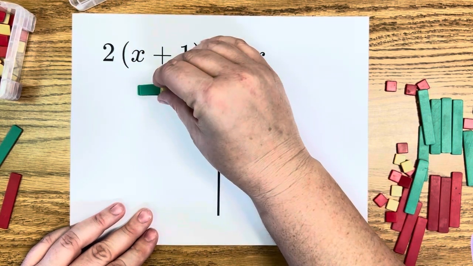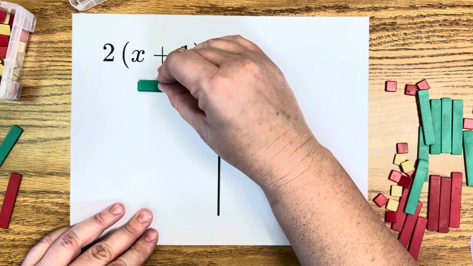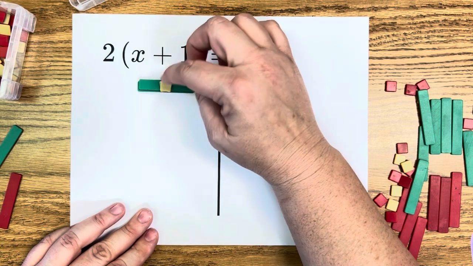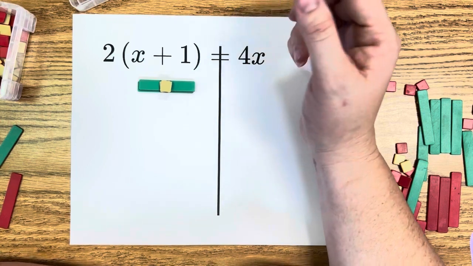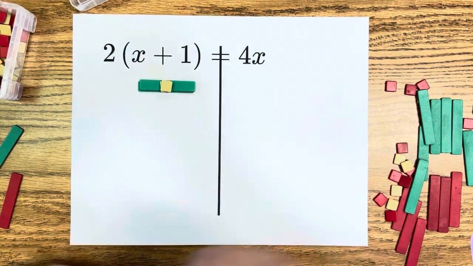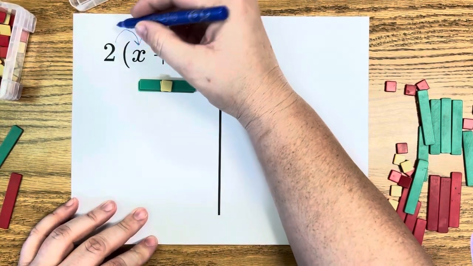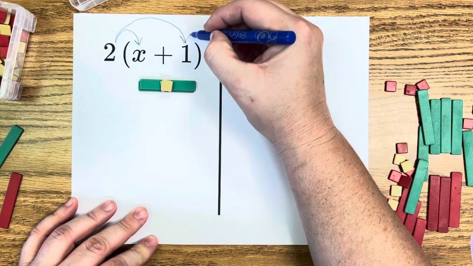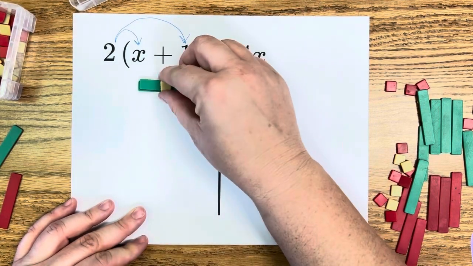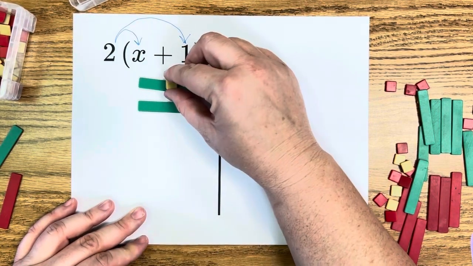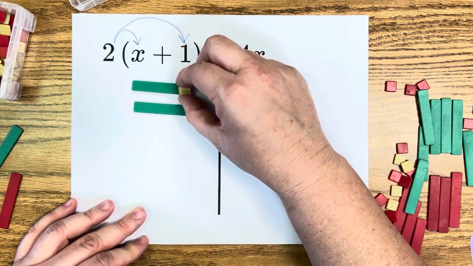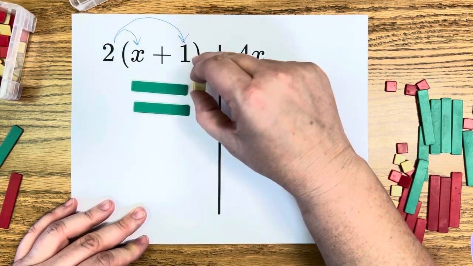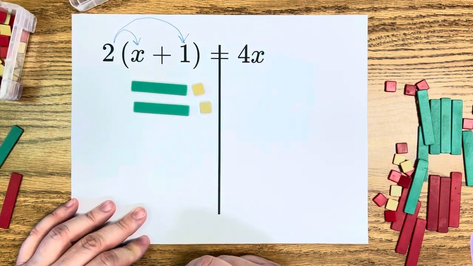Okay, you are not going to know exactly how many x's or exactly how many 1s I'm going to have until I distribute this 2 to the x and a 2 to the 1, okay? So there's multiplying my 2 times x, showing I do have 2x, and then my 2 times 1 to show I do have 1s.